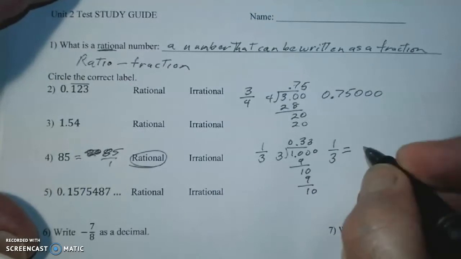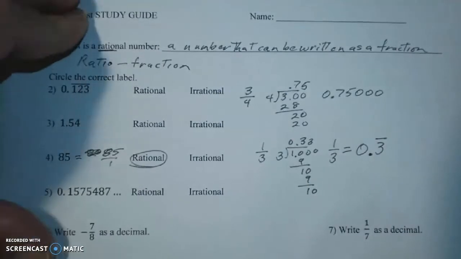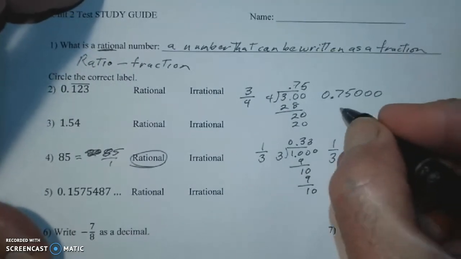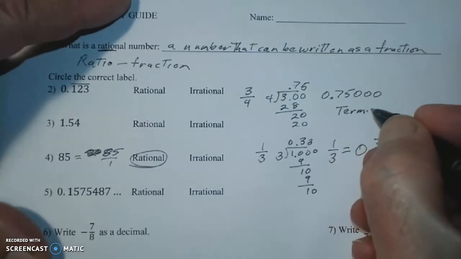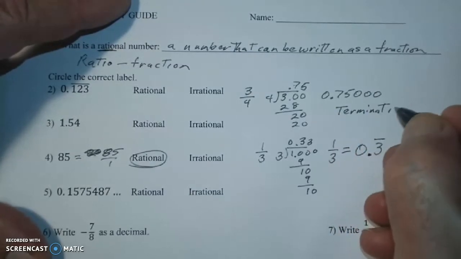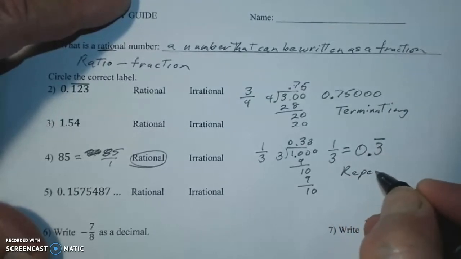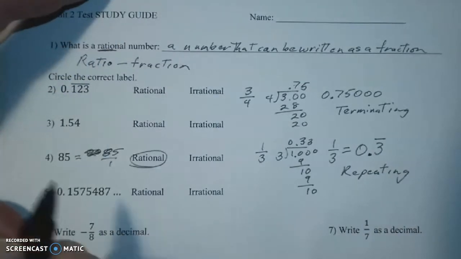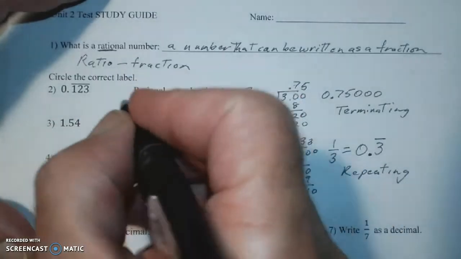It's going to keep doing that. 1/3 as a decimal is 0.3 repeating, it's going to keep going on like that, 3, 3, 3. Those were the two options. The fraction would either turn into a terminating decimal or a repeating decimal. And so, number 2 is a repeating decimal.